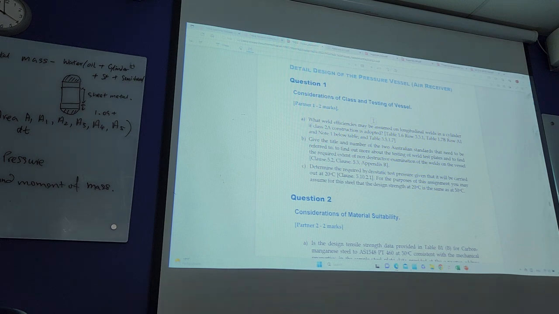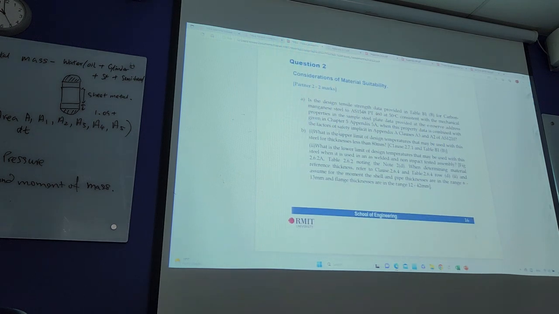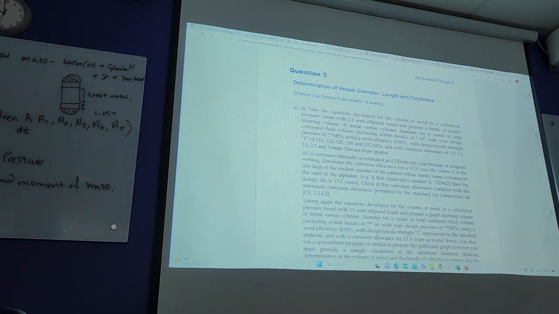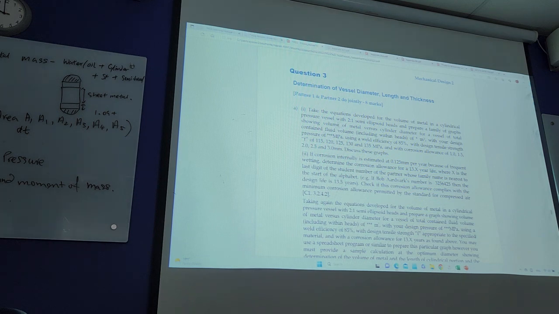Alright, so which point do you need clarification for project B? Anyone still struggling with question 3, the quadratic equation? Once you get your question 3, your length of your air vessel, it will determine question 5, because the total mass of your air vessel you have to get from question 3.